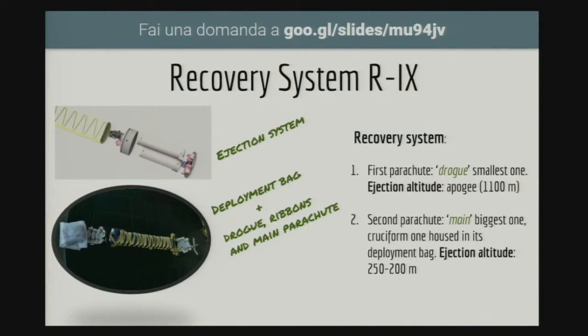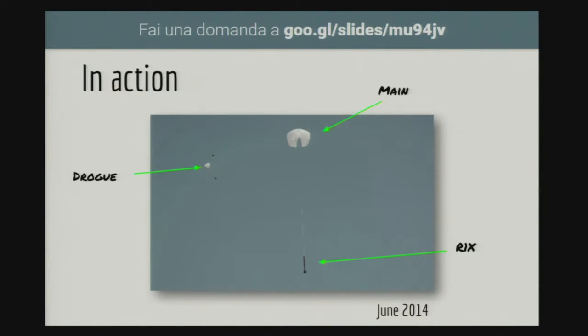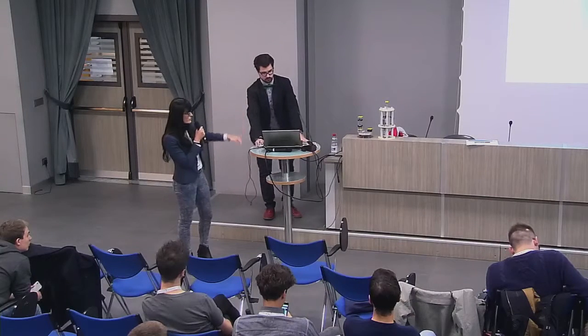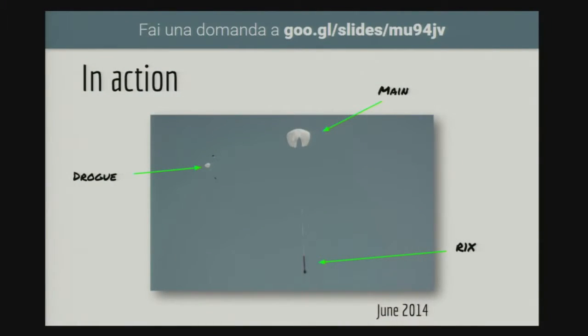This is a very good picture because we knew that our systems were good and didn't fail. So we were happy, and we can see the drogue, the main parachute, which was a cross parachute. I will say later why cross for the form. And behind we can see the rocket R1X, which has 2 meters of length.